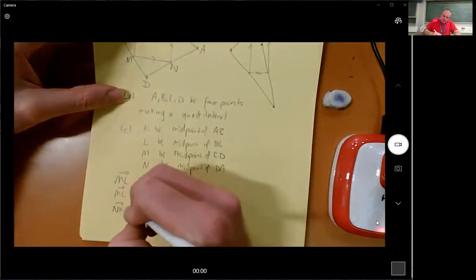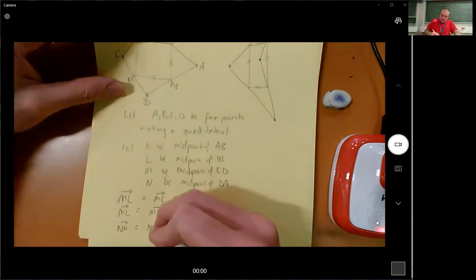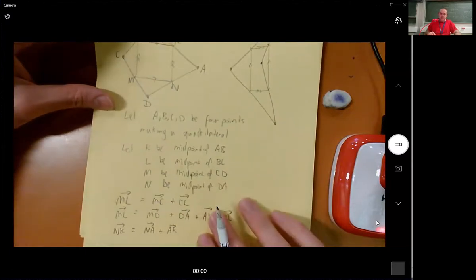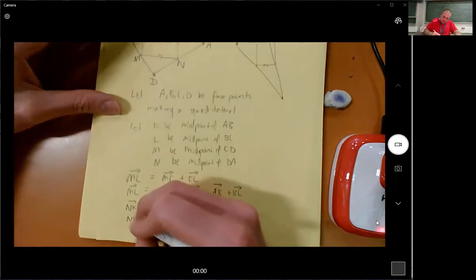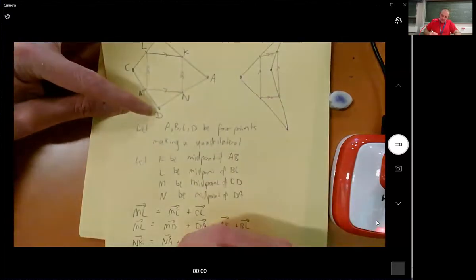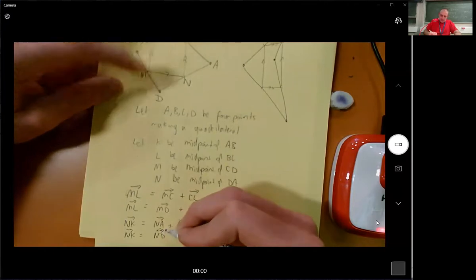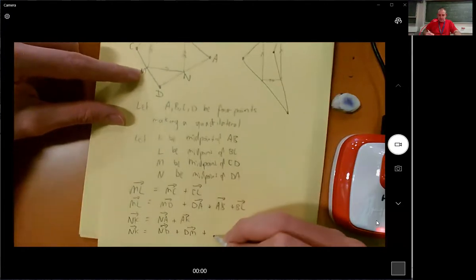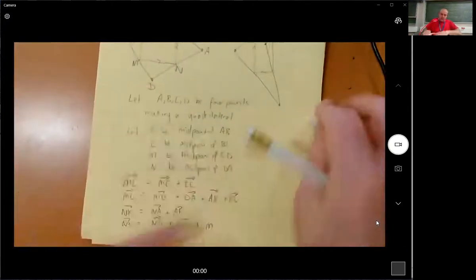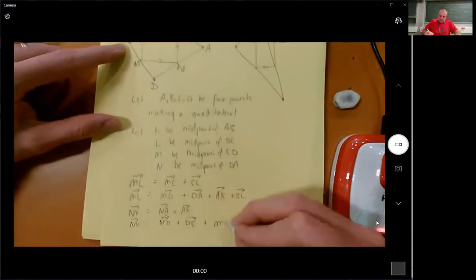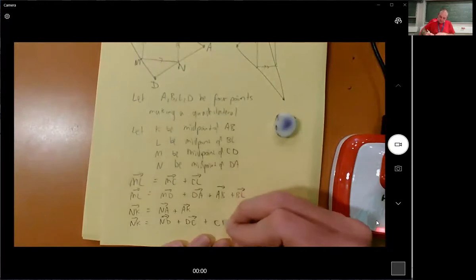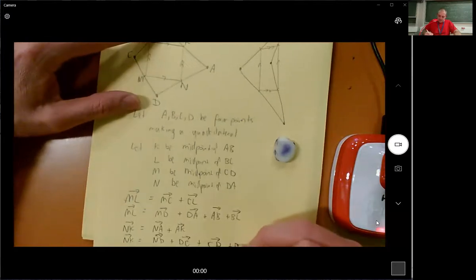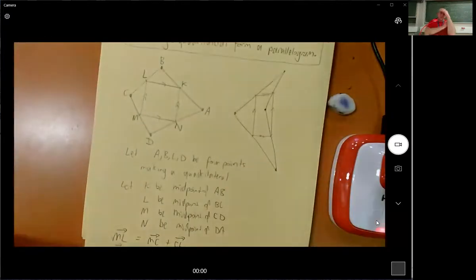So from N to K would be from N to A, plus from A to K. Or it could also be from N to D plus from D to M plus from M to, no, I don't need to go to M. I could just go all the way to C, from D to C plus from C to B plus from B to K. Does that help me at all?